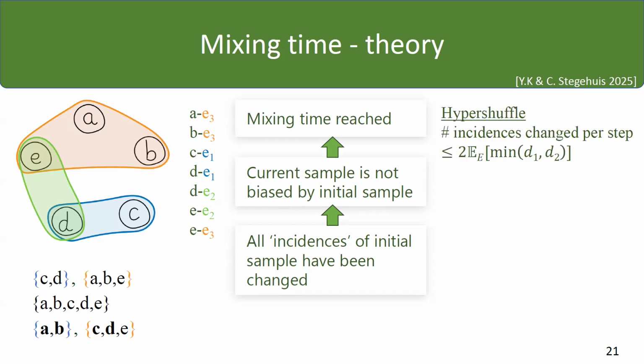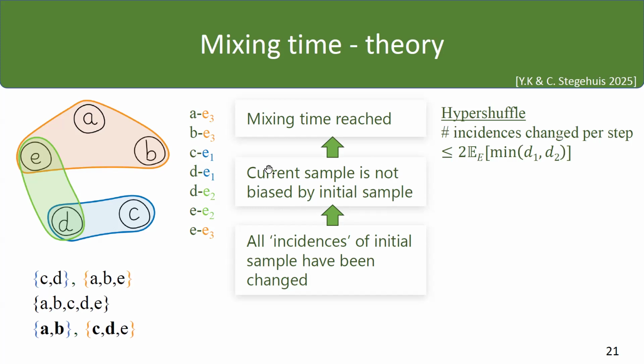So this is an observation that we did. We can change 2 times the minimum degree of 2 edges. That many incidences we can change in every step. And for the other algorithm, exactly the same things hold.